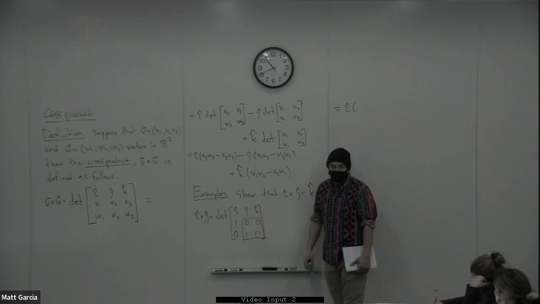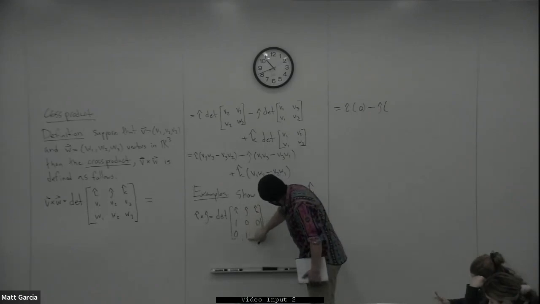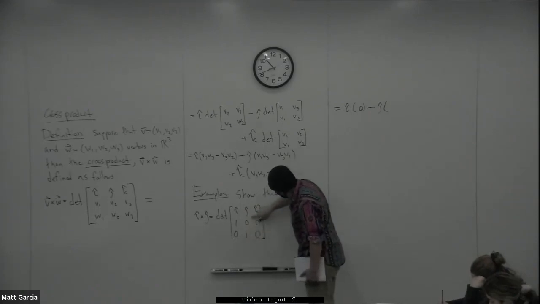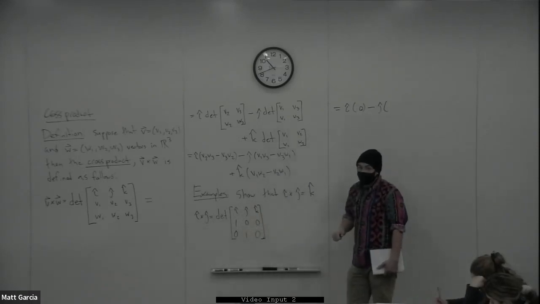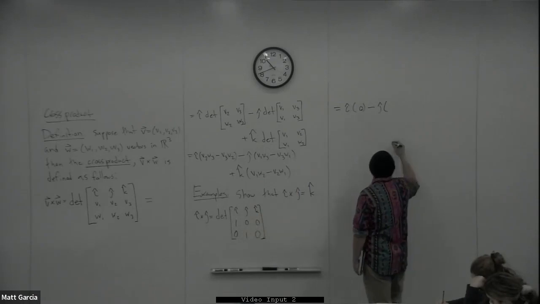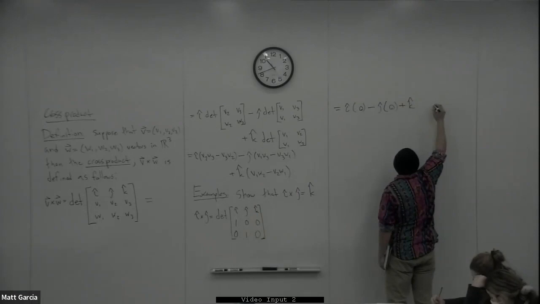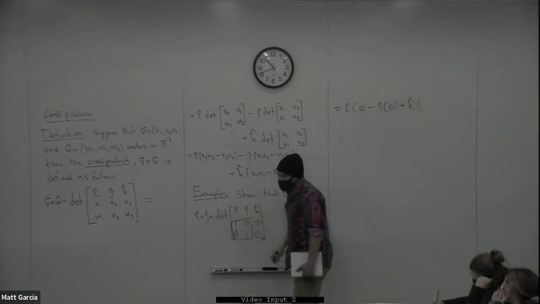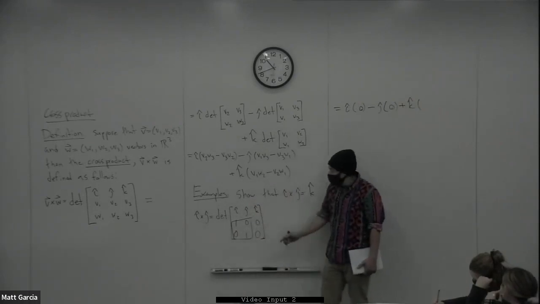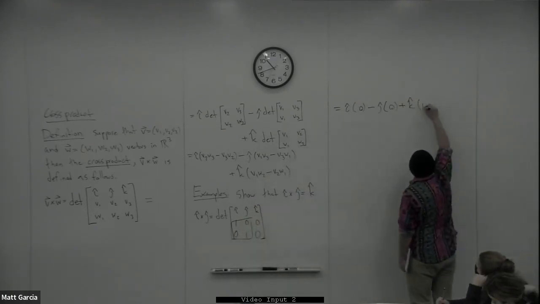Minus j hat times, okay, now I want to consider the matrix 1, 0, 0, 0. What's the determinant of that matrix? 0. Good. Plus k hat times the determinant of this matrix. And the determinant of this is 1, right? 1 times 1 is 1 minus 0 times 0.